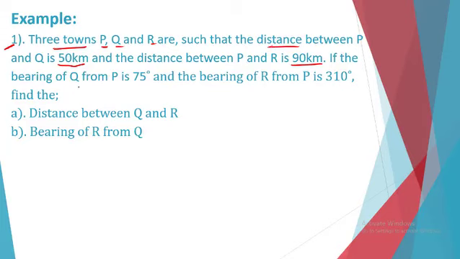If the bearing of Q from P is 75 degrees and the bearing of R from P is 310 degrees, find the distance between Q and R, and then the bearing of R from Q. The first thing we need to do, like I will always tell us, is to understand the instructions and the information that is provided.